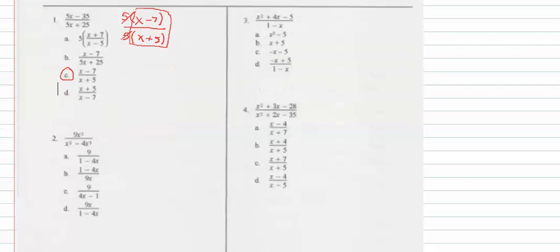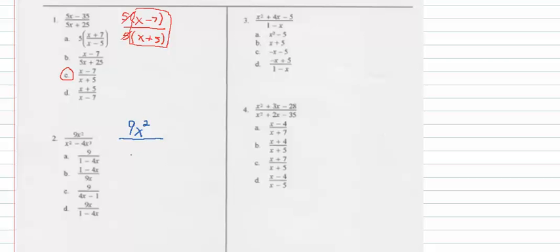Okay, number 2. I'm going to go ahead and move my screen down a little bit. We're going to do number 2. I look at the top, and I can't take anything out of the top, so I'm just going to write the top of my fraction just like I have it: 9x squared. The bottom of my fraction, I look to see, can I take something out?